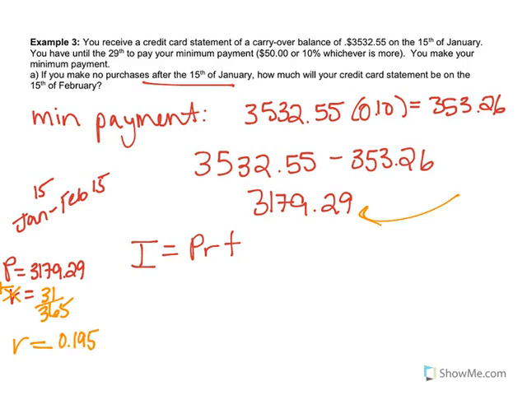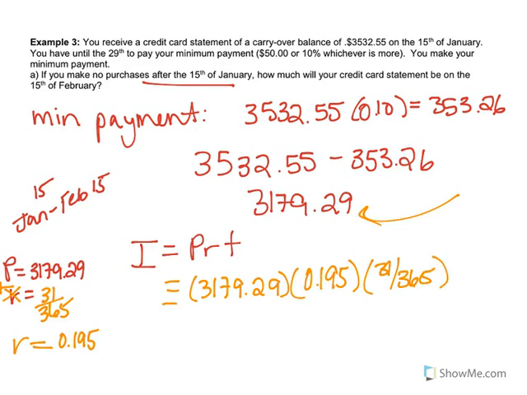So 19.5%. So we have 3179.29 times 0.195 times 31 over 365. To go from January to February, you're going to be paying $52.65 in interest.